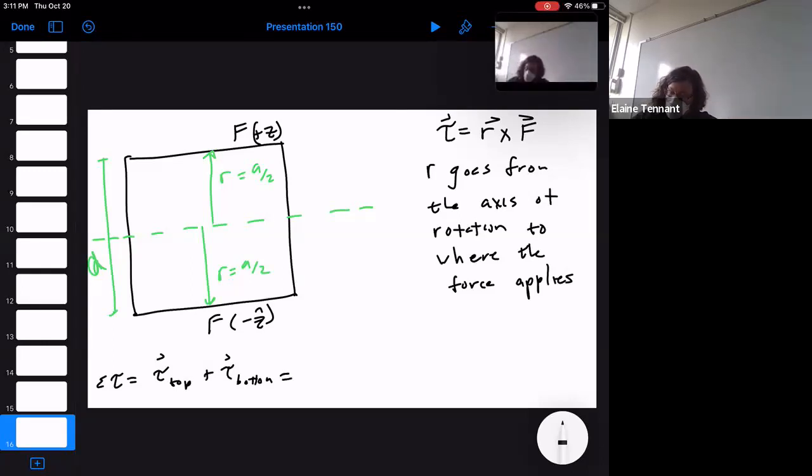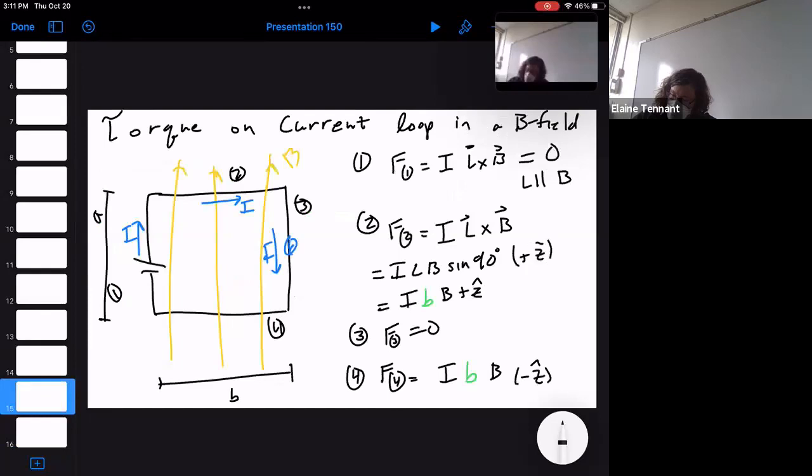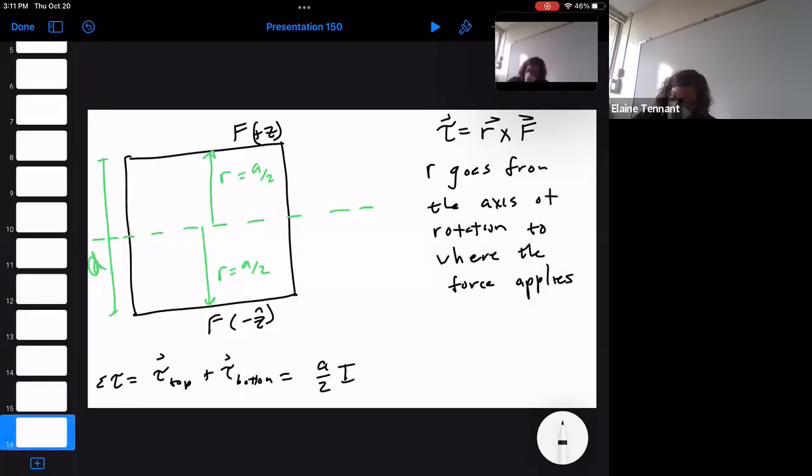They both have the same radius, so I'll have an A/2 cross the force, which is little b big B, little e big B. Now I also have a sine of the angle between the force and the radius.